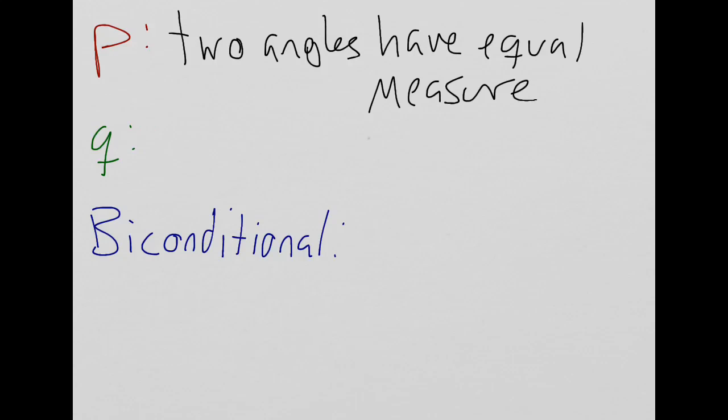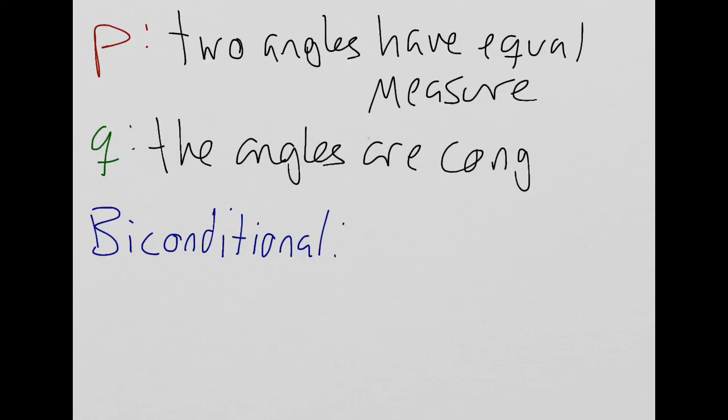And our Q was the angles are congruent. So to write this biconditional, I'm going to take my P and my Q, I'm going to put an if and only if between them.